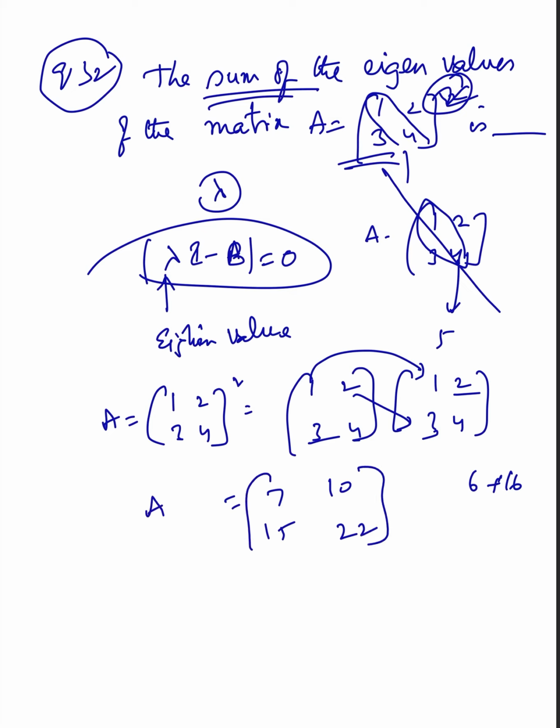This is the square of this matrix. What is the sum of the eigenvalues? Sum of the diagonal elements: 29.